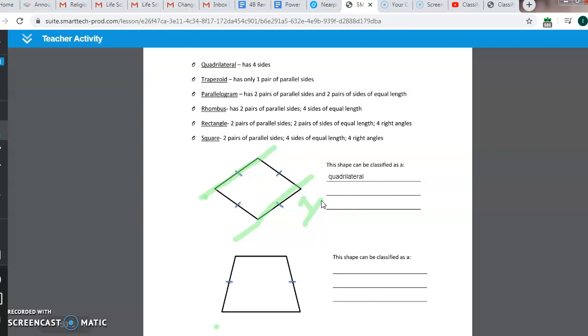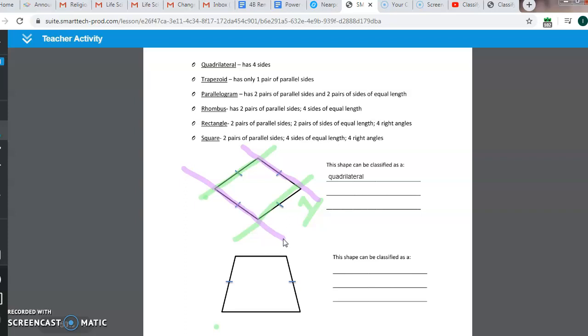So these 2 lines here would make up 1 pair of parallel lines. Remember, a pair means you've got a set of 2, just like a pair of shoes. So these 2 lines make up 1 pair, 1 set. I'm going to switch colors and use purple, and let's test and see if this top right line and this bottom left line are parallel. So I'm going to extend the lines, and again, you can do that with a pencil. When you extend the lines, you're looking to see that the lines will never touch.